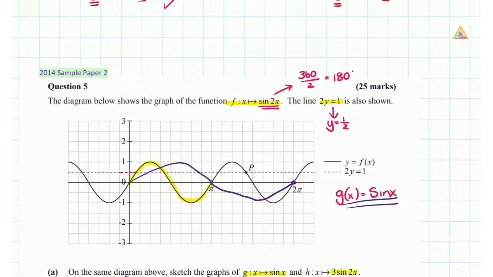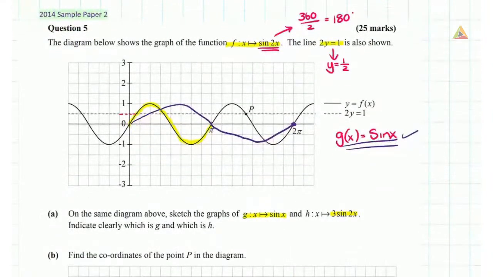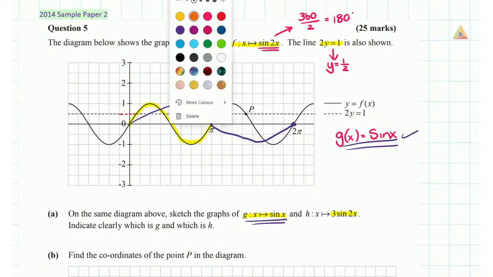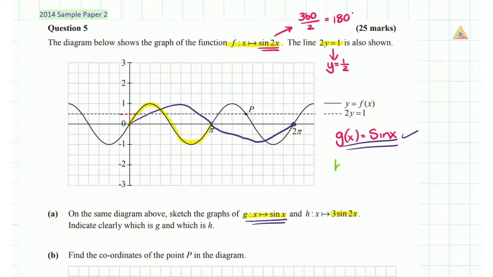Okay, so in purple there, I have drawn my g of x, which is just the sine x graph. Okay, just going to change up the color so that we can see it a little bit clearer. I'll go for green. So this time my h of x is 3 times the sine of 2x. So the sine 2x tells me that the period is going to be the same as the graph that was drawn already. It's going to be a period of 180.